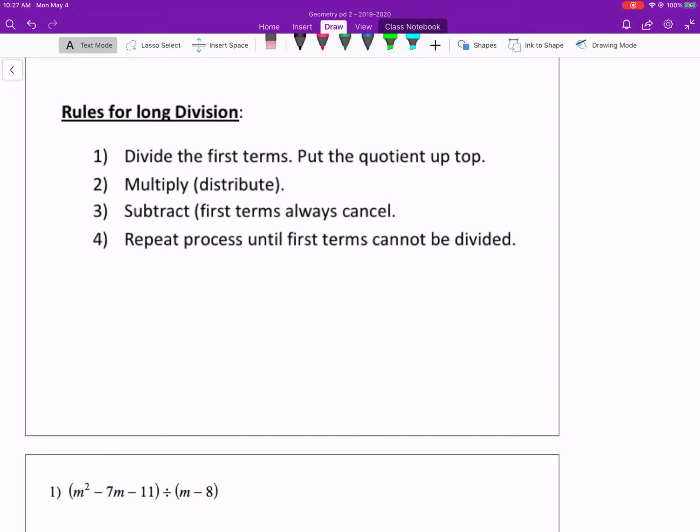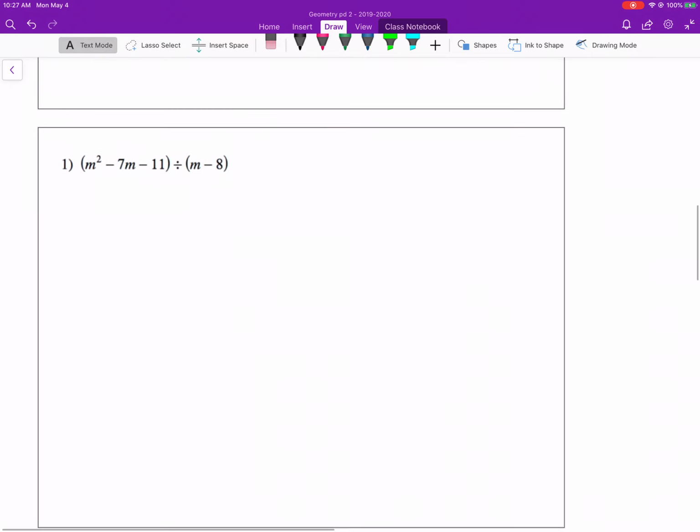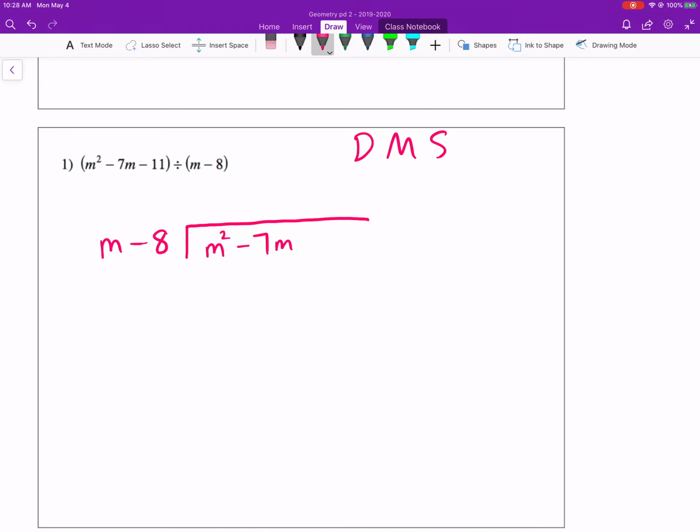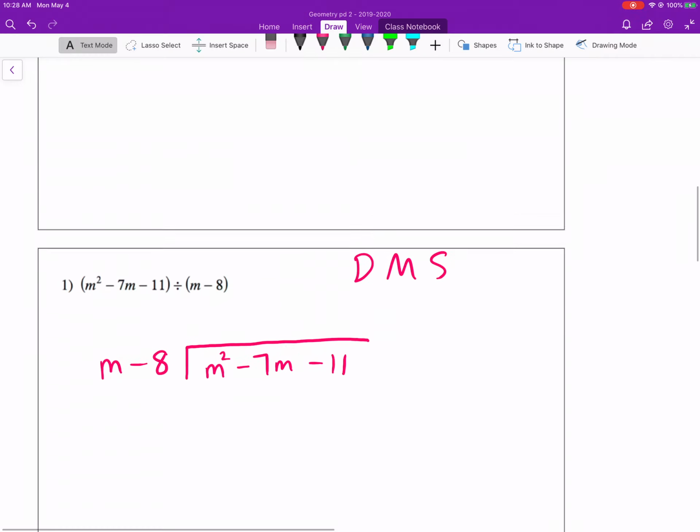So if you remember the three letters you have to remember, DMS. Divide, multiply, subtract. So set up your division house. What you're dividing by goes on the outside. The other goes on the inside. So divide. Alright, what's my step? Divide.